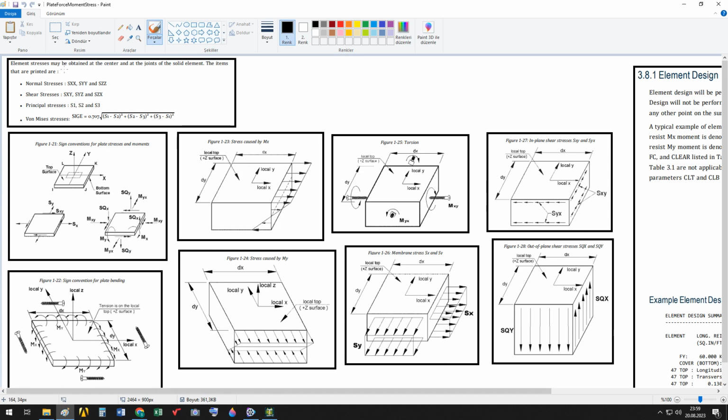Okay. Element stresses may be obtained at the center and at the joints of the solid element. The items are printed here. But this is for solid element. But I think this is also valid for plate element.